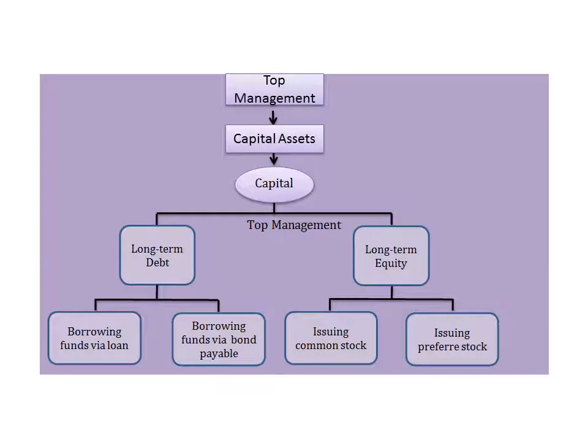So, alam naman natin na ang top management yung nag-authorize and nag-execute or naglo-look out kung ano ba ang kailangan ng isang organization. So, isa sa mga pangangailangan nila ay ang capital asset katulad ng land, buildings, and equipment. So, paano ba sila makakapag-avail o makakapag-acquire nitong capital assets? Siyempre, kailangan nila ng capital.